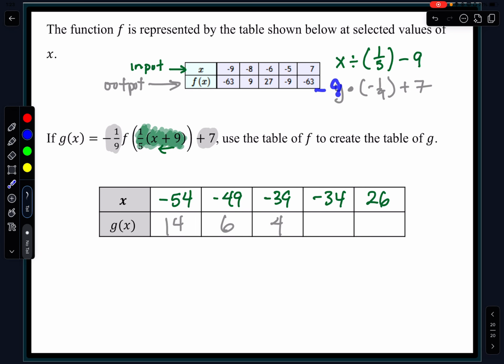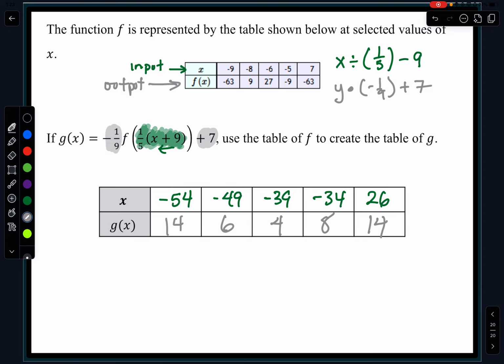And then negative 9 times negative 1 over 9, that's positive 1, plus 7, that's 8. And then negative 63 times negative 1 over 9, negative times negative is positive, and 63 times 1/9 is a positive 7, the same as before. And then plus another 7, that's 14.